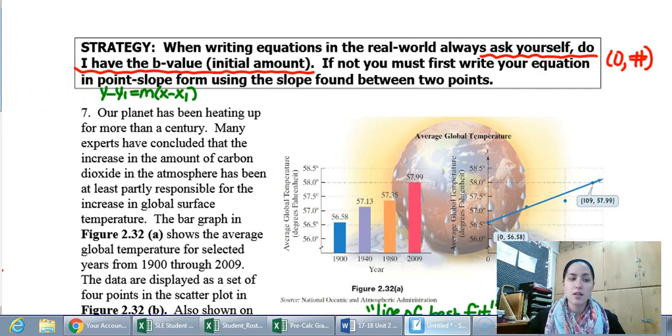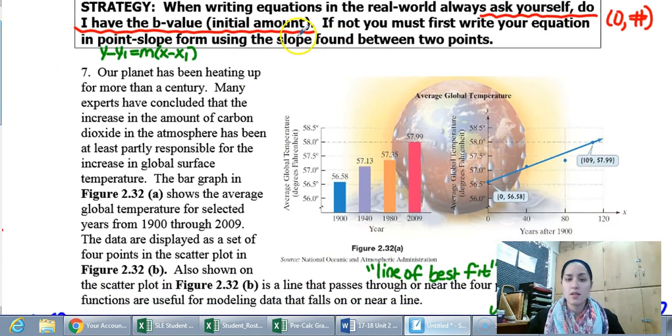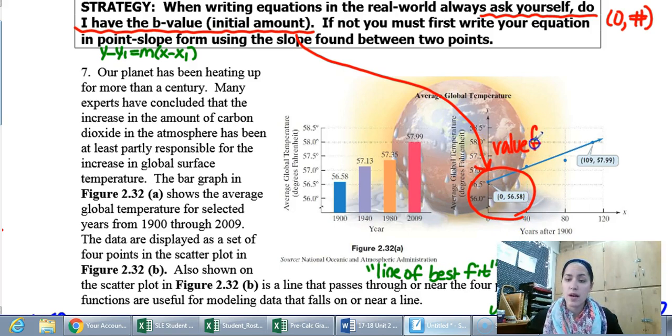And if I look at my graph, notice this ordered pair says 0, comma, 56.58. So I actually have that value. That is the value for b, because it's 0, comma, a number.